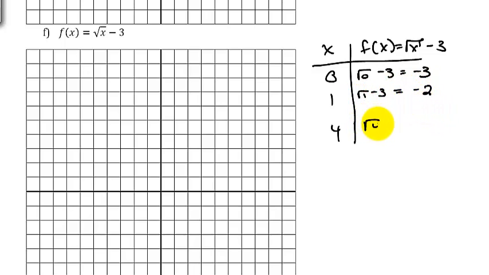And square root of 4 minus 3 is 2 minus 3, which is negative 1. So I have 0, negative 3, and I have 1, negative 2, and I have 4, negative 1. And so there is a sketch of that graph.